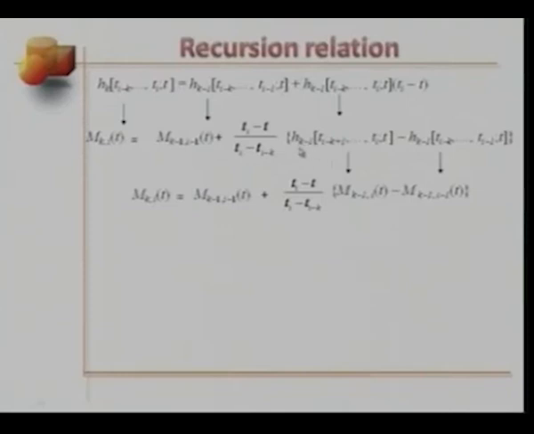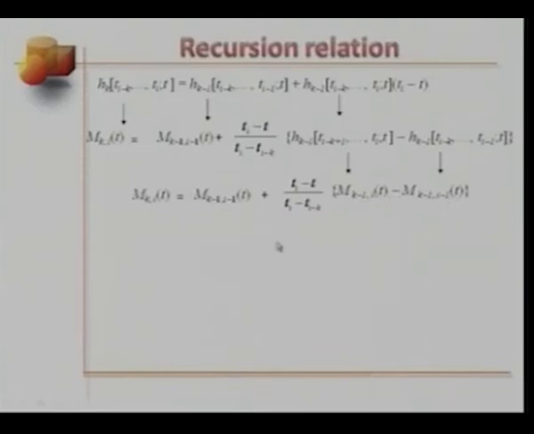This is the (k minus 1)th order spline m_{k-1}, and the last knot is t_i, so we have an index i here corresponding to it. Minus, again, this is the (k minus 1)th order spline with the last knot t_{i-1}. So the index here is i minus 1, and both of these are functions of t.